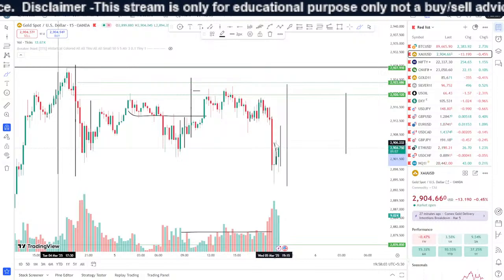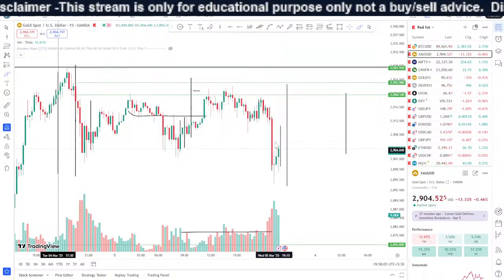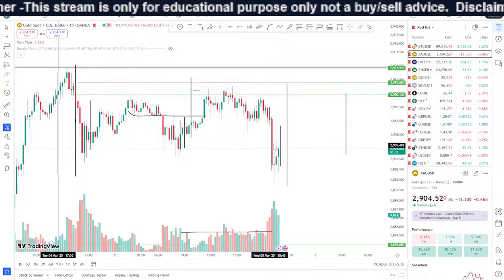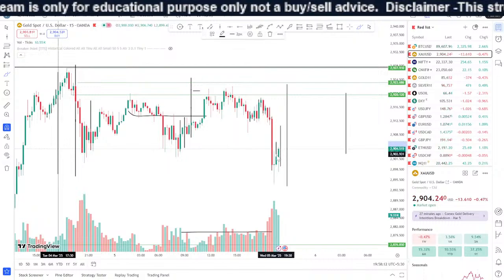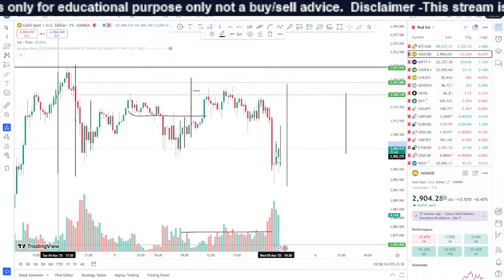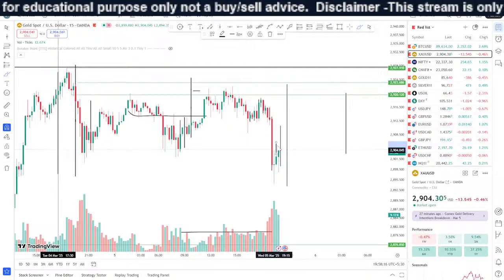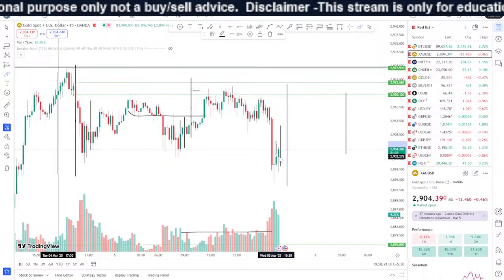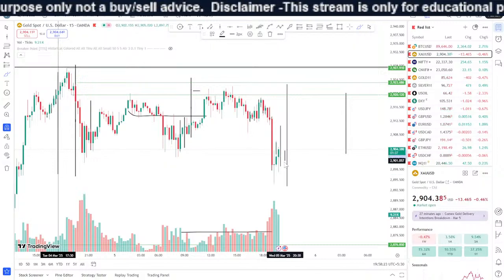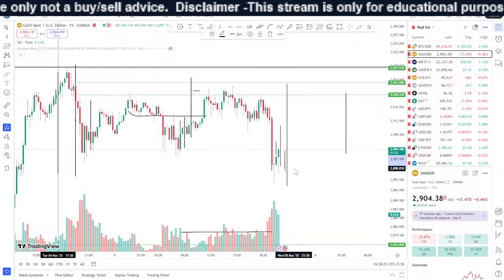Market took the continuity. With this continuity, all the retailers took a reallocations at this point. Seller position got involved, right? When seller positions got involved, what is the next thing that you have to look for? A rejection. We got a rejection.